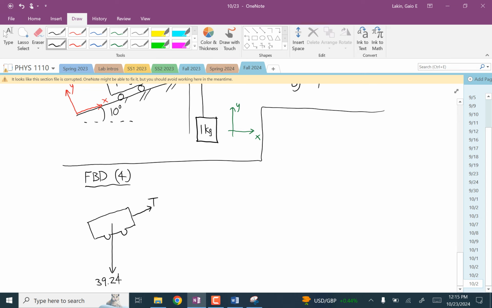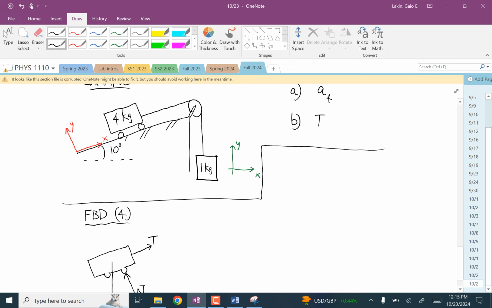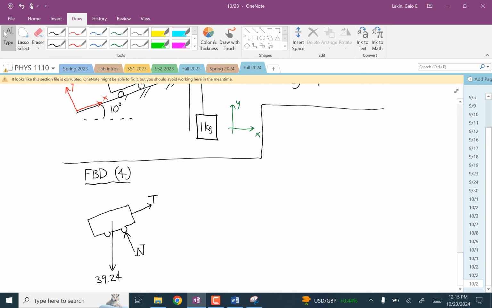And then we have the pushing force from the surface. Everything here is easy to represent in that rotated coordinate system except the weight. So now we have to think about the weight force vector. So it has a magnitude of 39.24, and this angle here is 10 degrees.